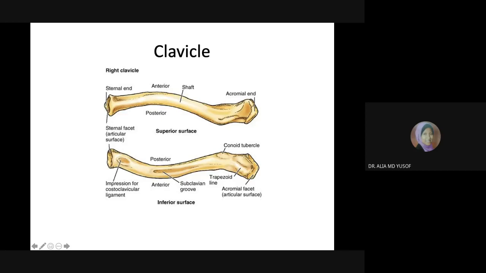Contoh patient jatuh ataupun kena tetak ataupun kena tumbuk, dia akan fracture dekat junction ini. Kenapa? This point here is the weakest point of clavicle.